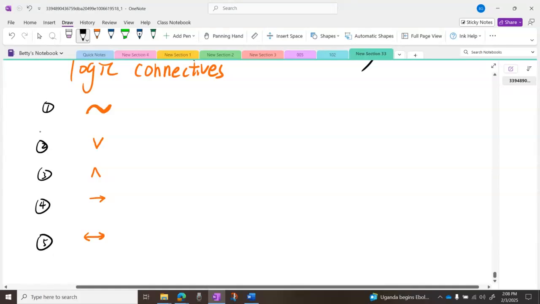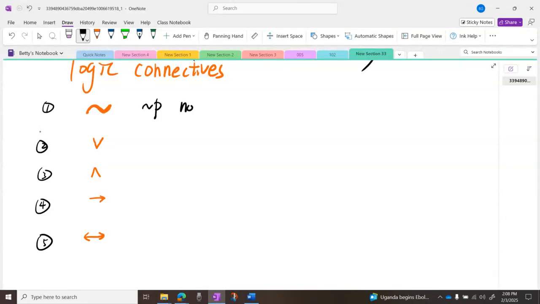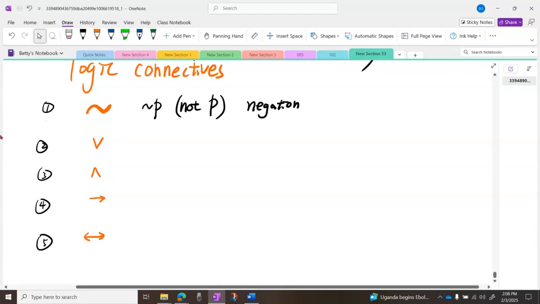And this notation, for example, not P, represents the negation, and is called not P. If we have a statement and you put a wave in front of it, you get the negation of that statement.